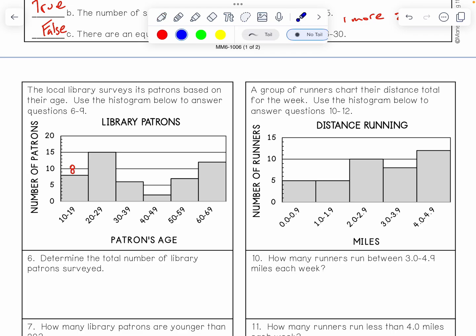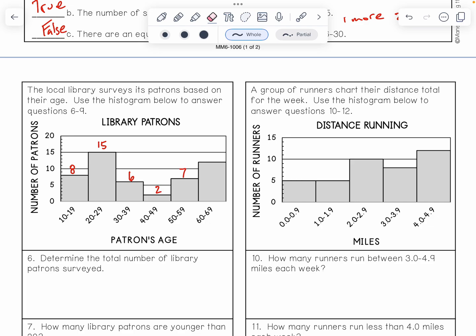By the way, I'm writing this down because they want us to determine the total number of patrons surveyed. And we need to add this up completely if we want to do that. This is going to be 15 total. This is going to be 5 plus 1, I'm guessing that's 6. I believe this is 2. This is 5, 6, 7. Yeah, slightly bigger than 6.